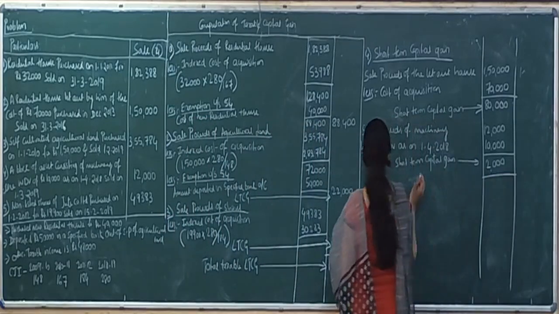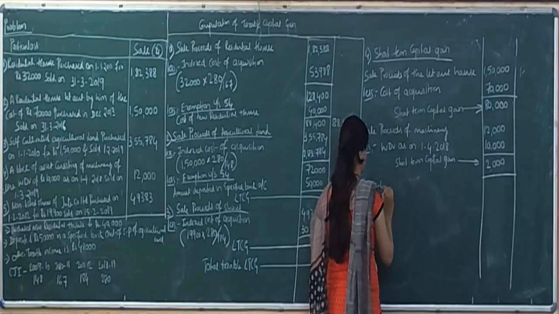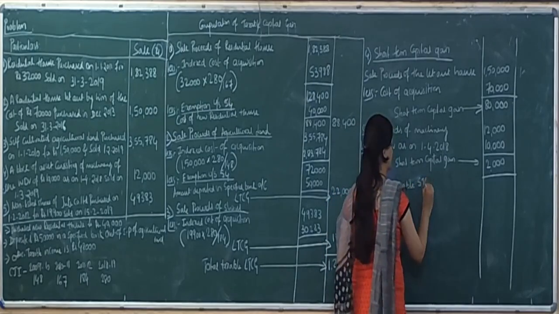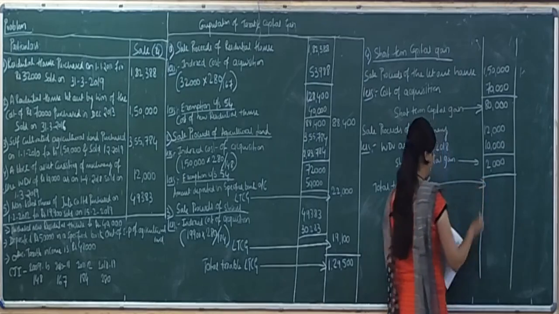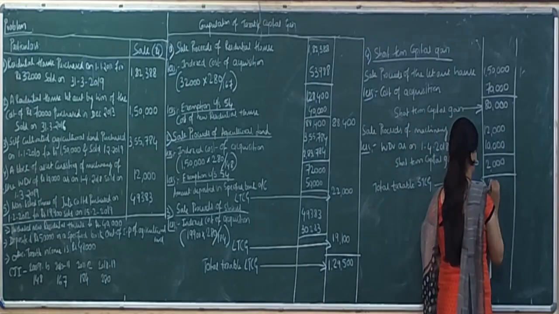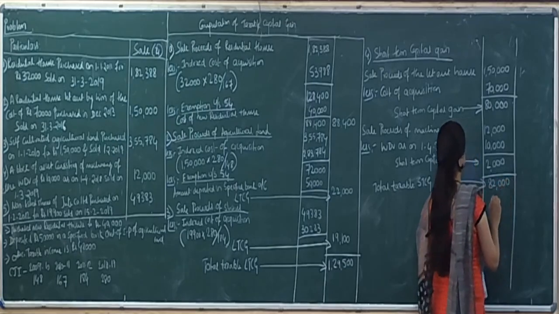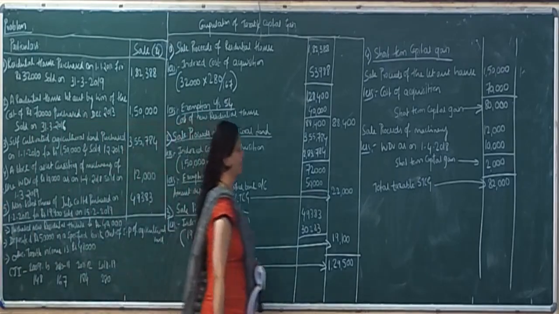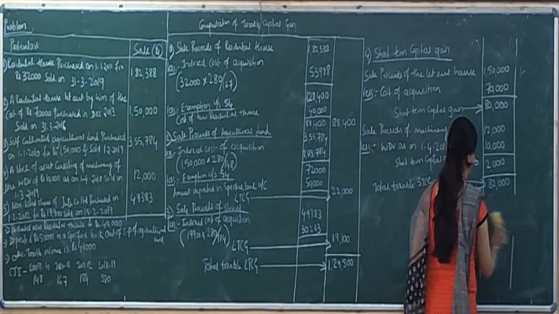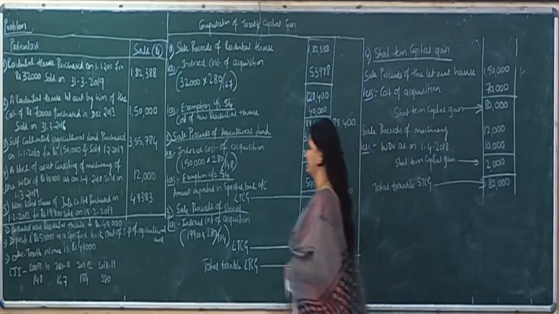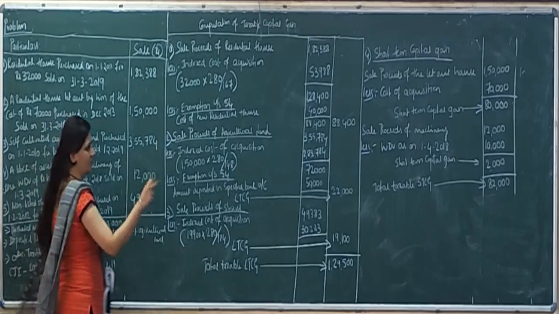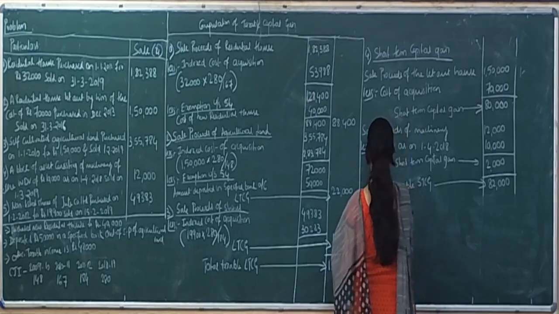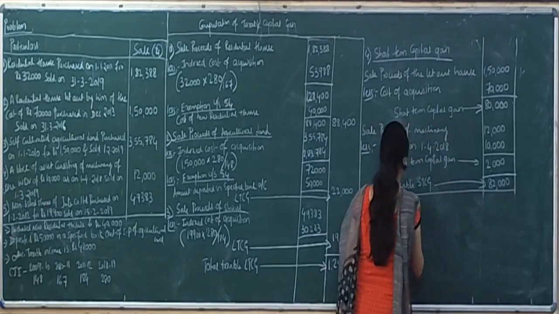Okay, in the same way we will add the short-term capital. Right? So now we will show the total income, summary.